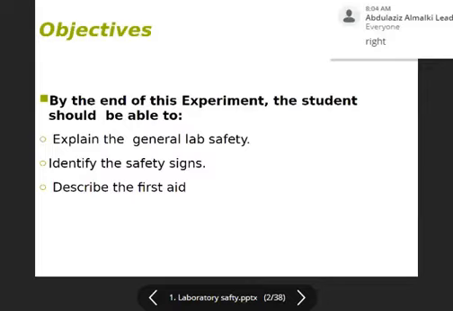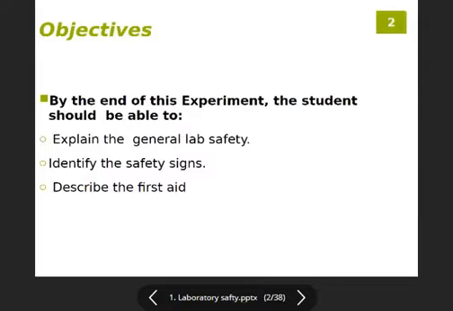Today we will try to understand what the general safety rules are. We have to identify the safety signs, and in the last we will describe the first aid process.